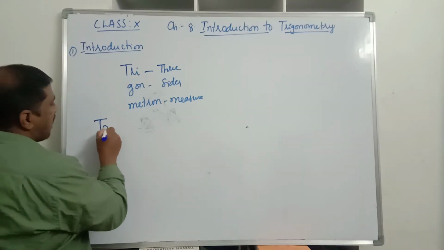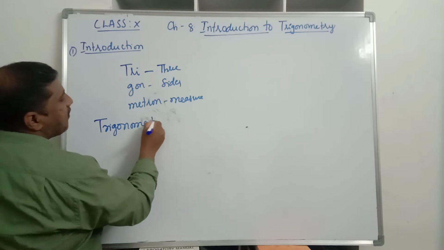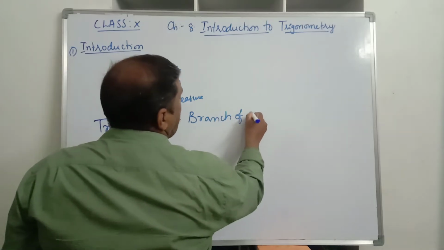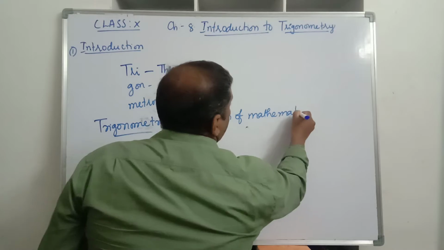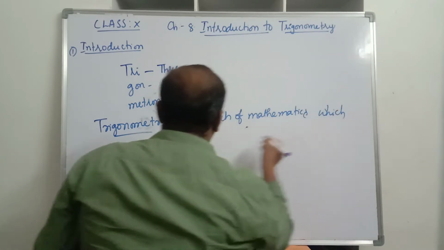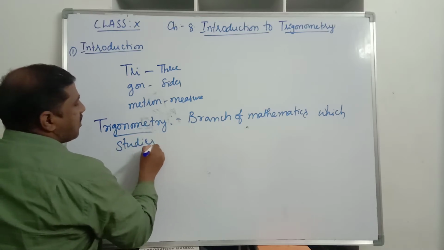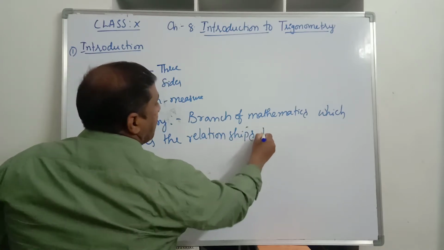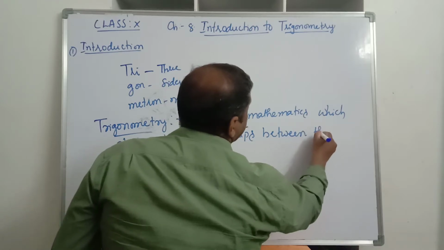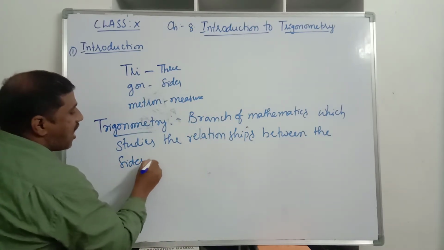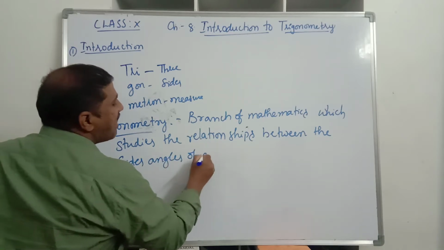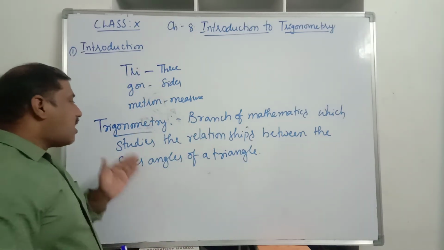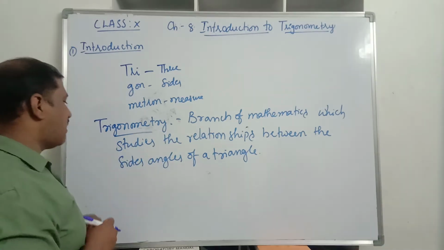So trigonometry is a branch of mathematics which studies the relationships between the sides and angles of a triangle.